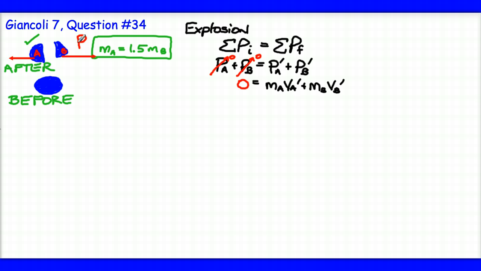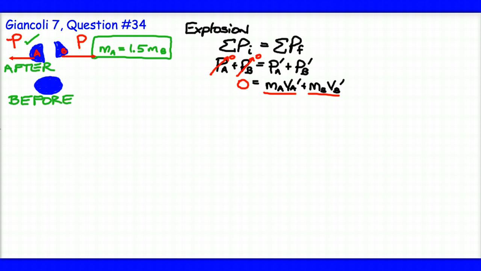Whatever that momentum p is going to the right has to be equal in magnitude but opposite in direction to the momentum negative p going to the left. So p plus negative p is still equal to 0, if the momentum of that system has not changed after the explosion.